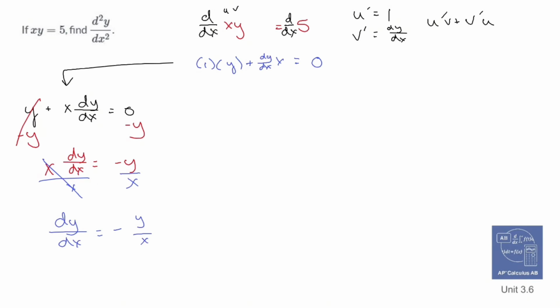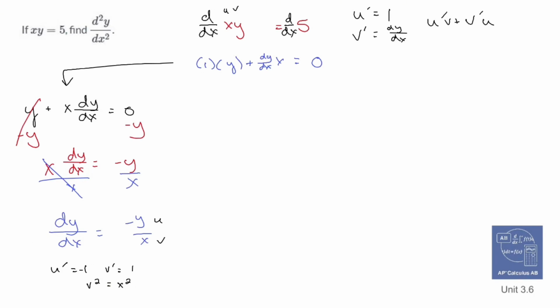So that's going to require the quotient rule now. So u over v. We'll keep the negative attached to u. So u prime would be negative 1, because that does change things slightly. V prime is going to be 1, and v squared is going to be x squared.